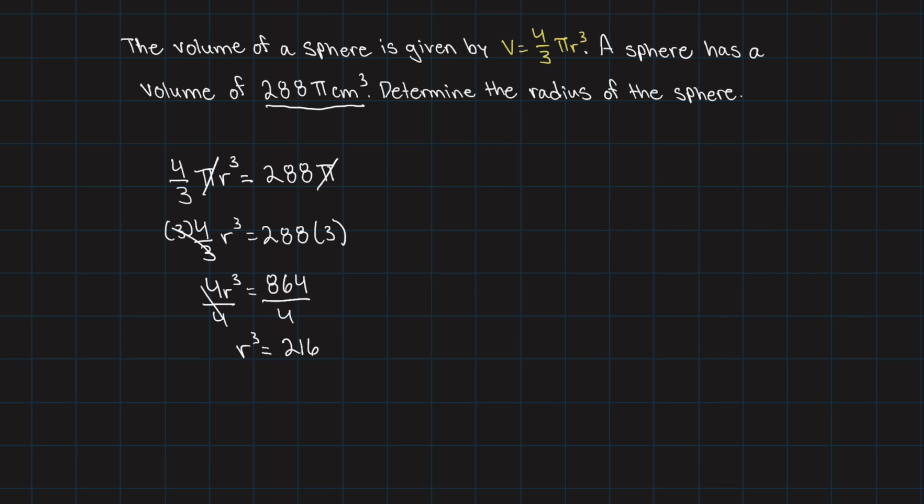And then if you do know your cube roots, which are the factors that give you perfect cubes, by the way, then this will be really easy. If you haven't memorized, just cube root both sides, and then you know that r is equal to 6 centimeters.